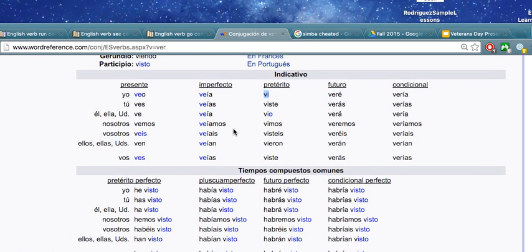So then they understood the rules, and they were having an easier time. They had a more difficult time conjugating the imperfecto with the veía and the vi and the viste. So I helped them out with the conjugation with the endings, with the vimos and the veían.